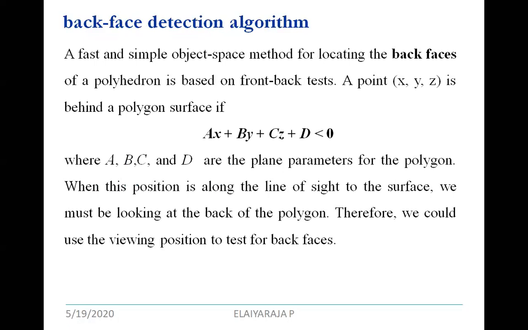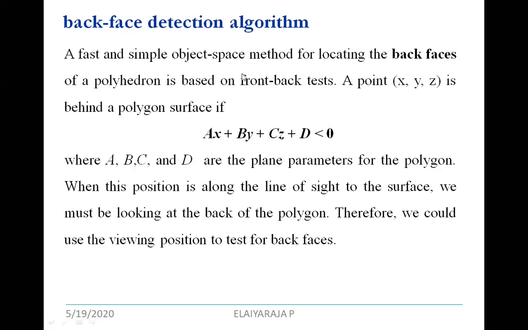Backface detection algorithm is also known as the plane equation method. In the plane equation method, you take the plane equation ax plus by plus cz plus d equals 0.